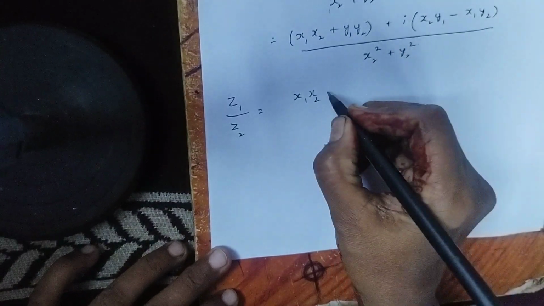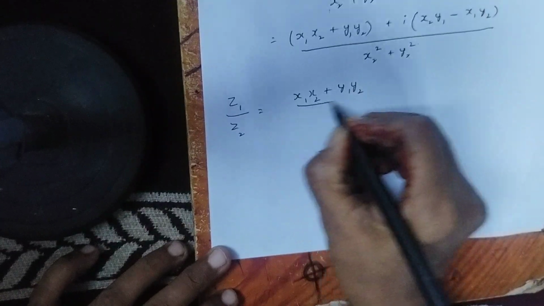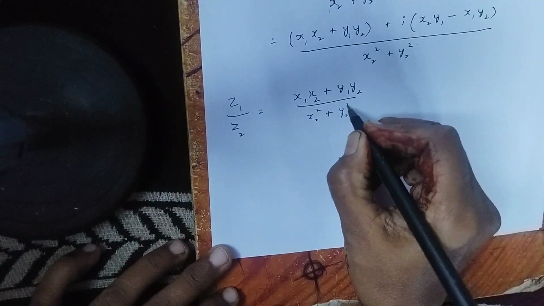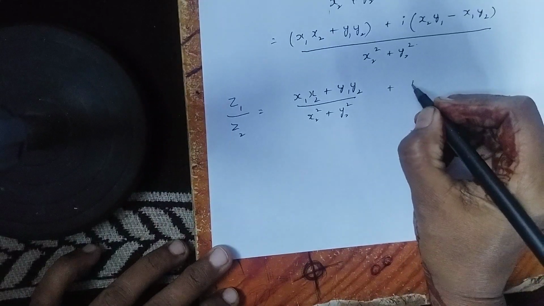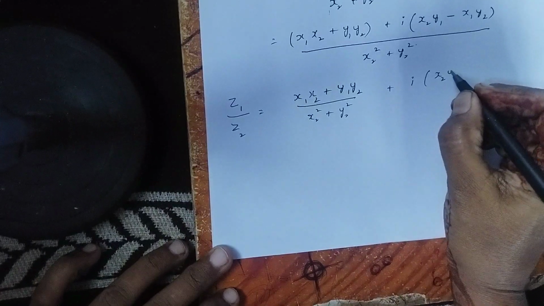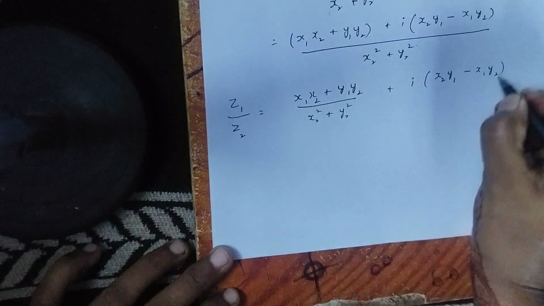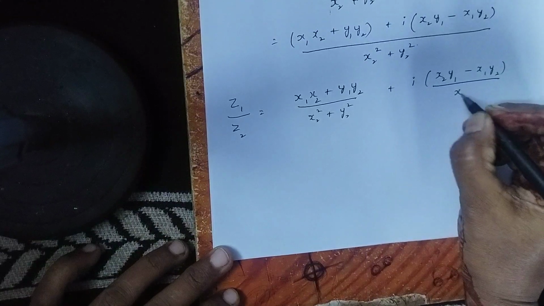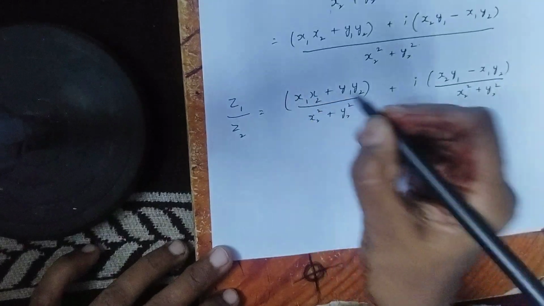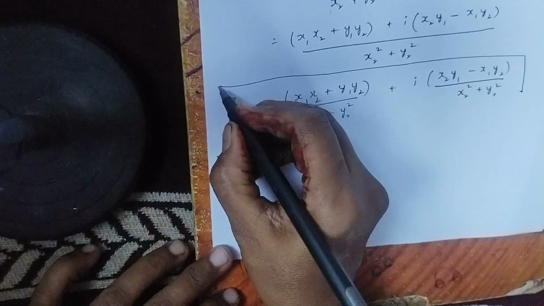See, I'll show you: (x1x2 + y1y2)/(x2² + y2²) plus, this is the imaginary part, i(x2y1 - x1y2)/(x2² + y2²). This is the method.